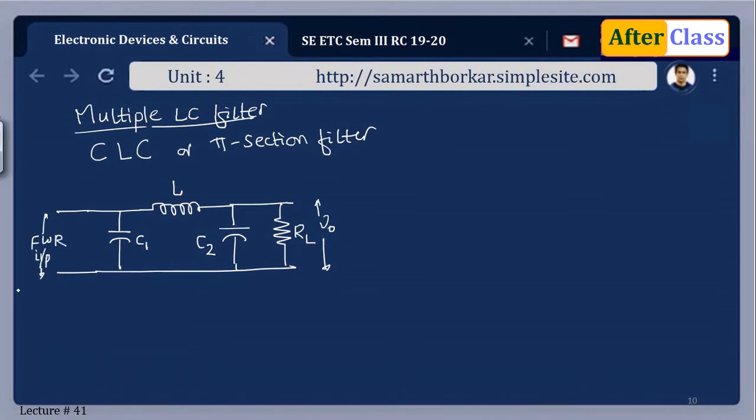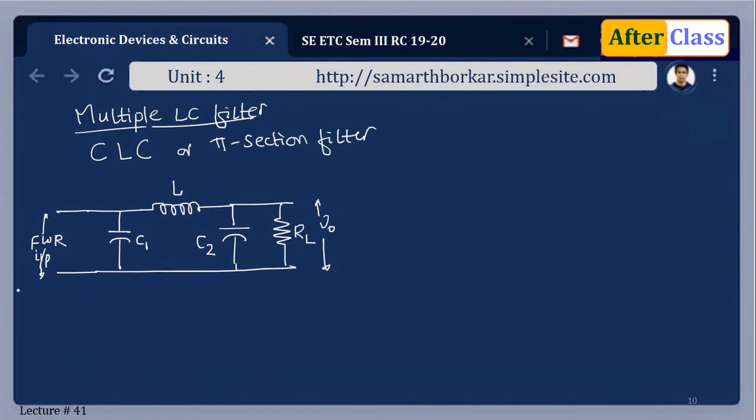So this is the circuit diagram for CLC filter. Now in case of this CLC filter, the output first appears across C1.